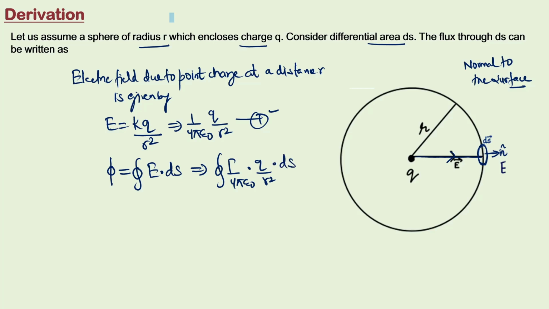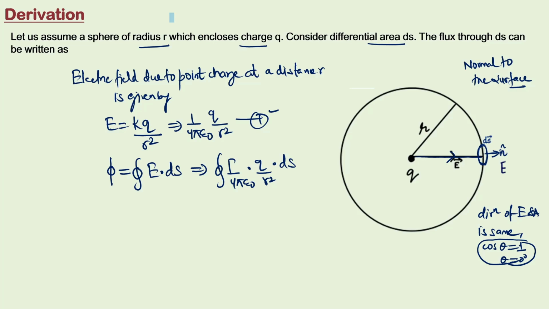Here we need to notice that the direction of the electric field and the area vector is the same, so cos theta is equal to 1, since theta is 0 degrees.